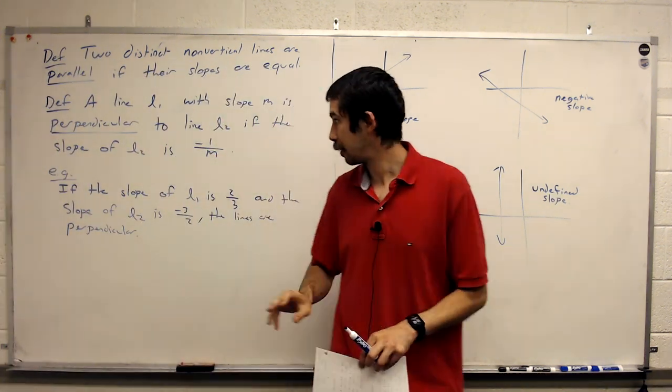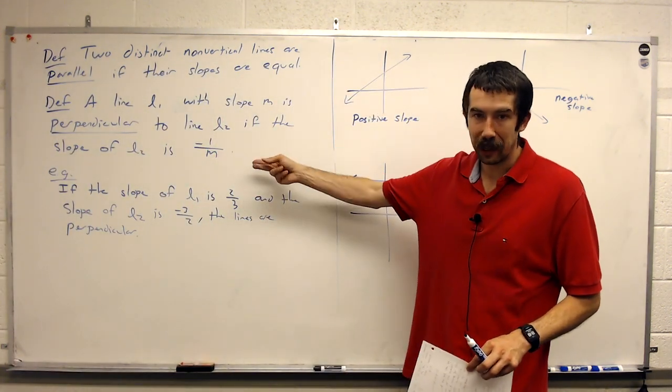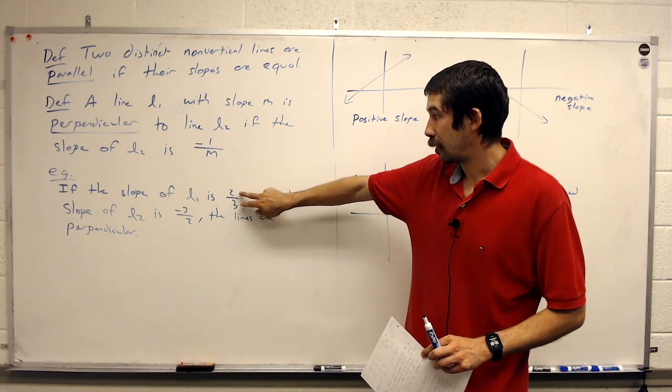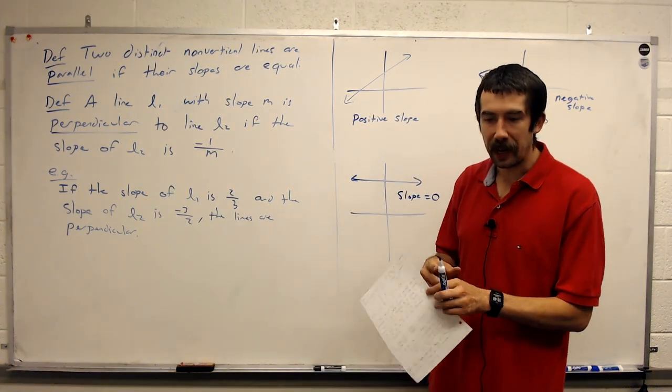Right, why is that? Well, 1 over m, 1 over a fraction is the same thing as just the reciprocal of the fraction. So you take the fraction, look at its reciprocal, and turn it negative. These graphs will meet at a right angle.